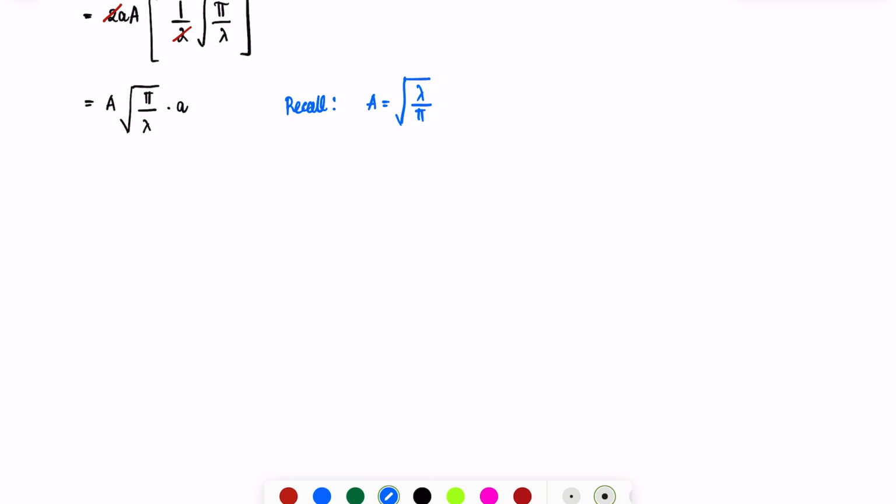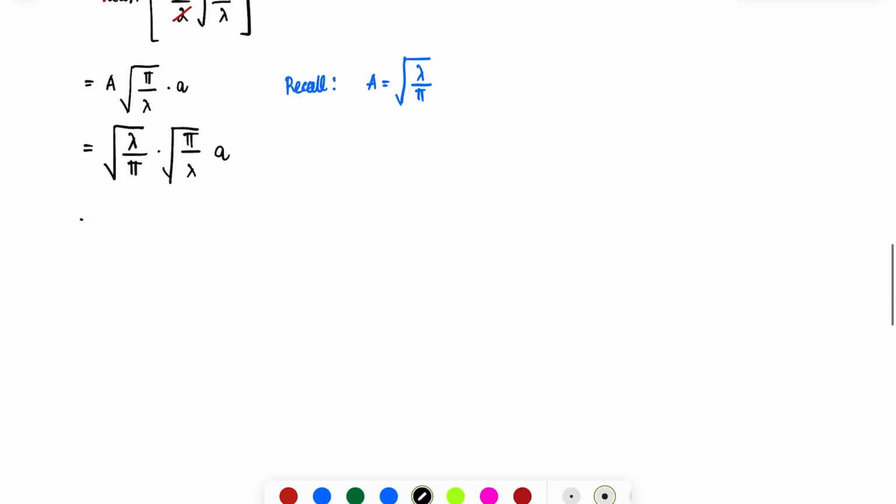And this is looking promising because as you can see, if you're substituting lambda all over pi, and you multiply it by pi all over lambda, that looks very good. And you do a little bit of review in your algebra, they both have the same indices here, that's 2. So this could be reduced like this. This could be taken into some single radicand.